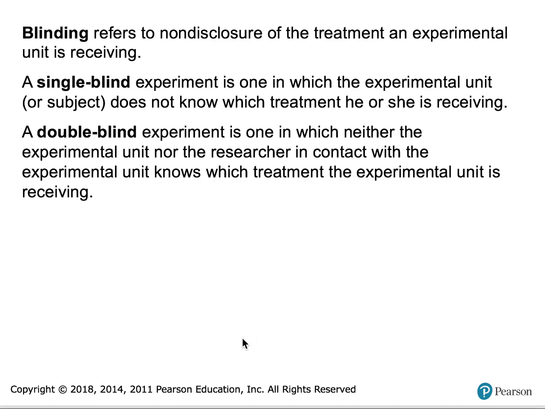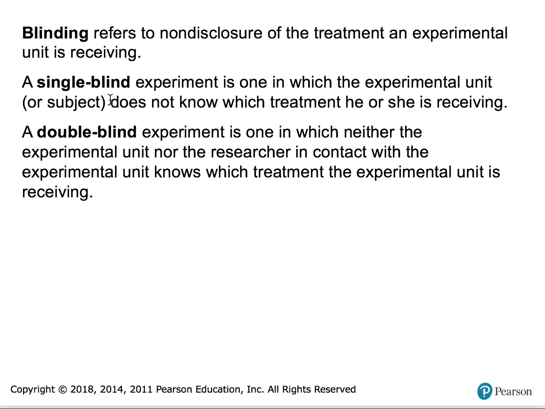Many experiments use a technique called blinding. Blinding refers to non-disclosure of the treatment an experimental unit is receiving. So you don't tell the person what they're receiving. There are two types of blinding, single blinding and double blinding.